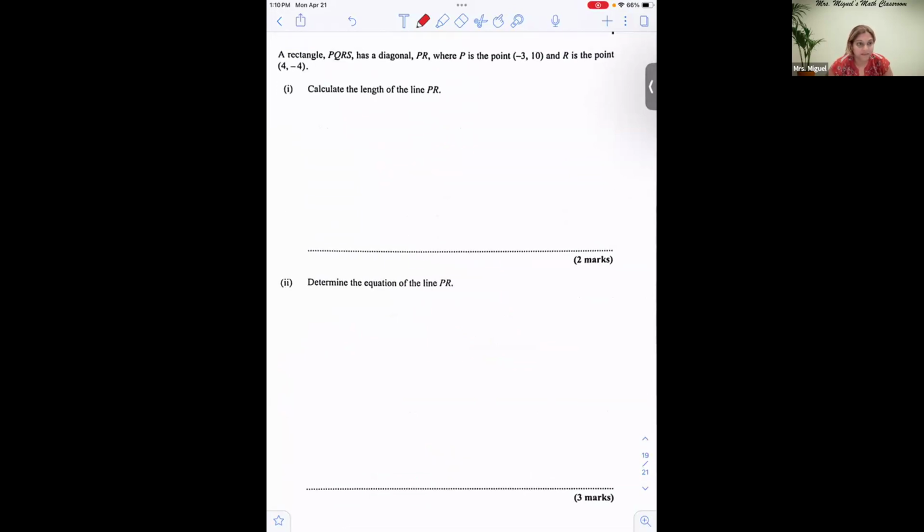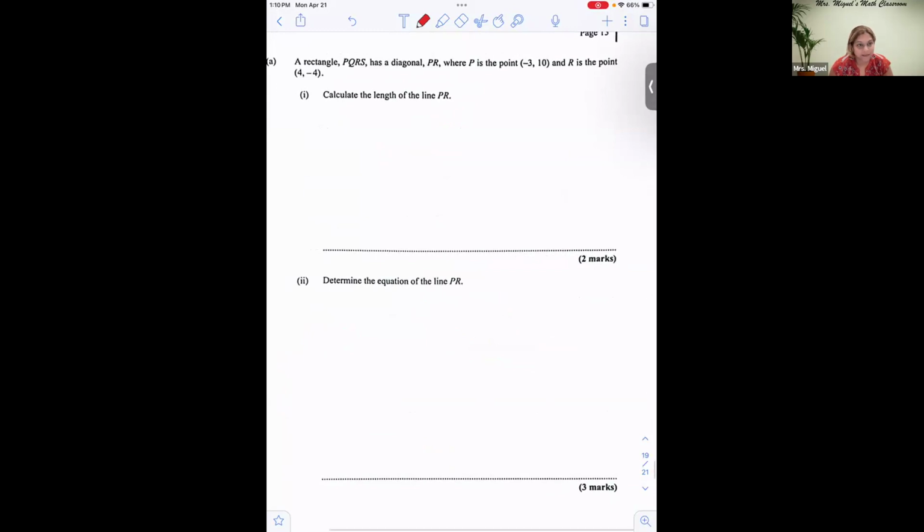So here we have, taken from 2024, a rectangle PQRS has a diagonal PR, where P is the point (-3, 10) and R is (4, -4). Calculate the length of the line PR.